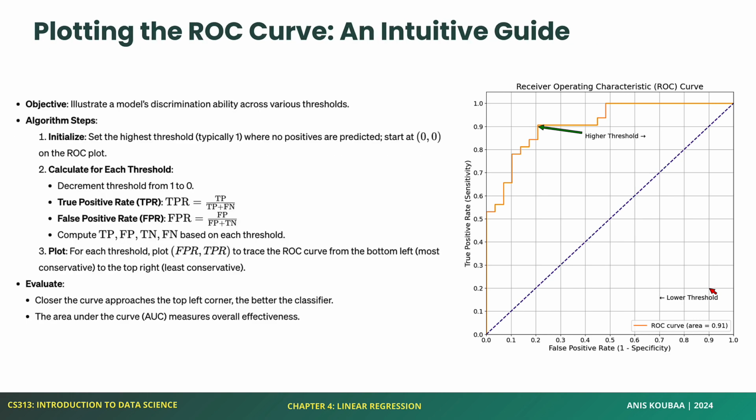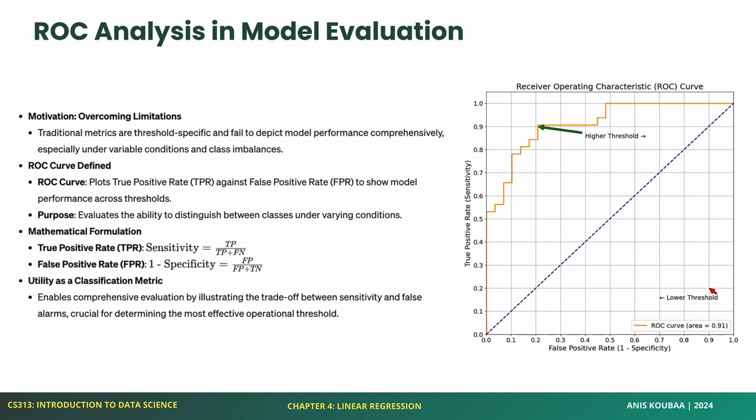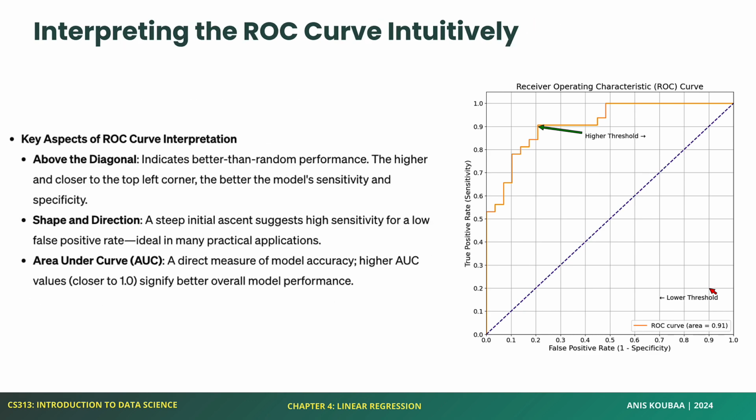And if the curve is higher than this, it means it has a good ability to discern the positive cases and the negative cases. So above the diagonal indicates better than random performance. The higher and closer to the top left corner, the better the model's sensitivity and specificity.